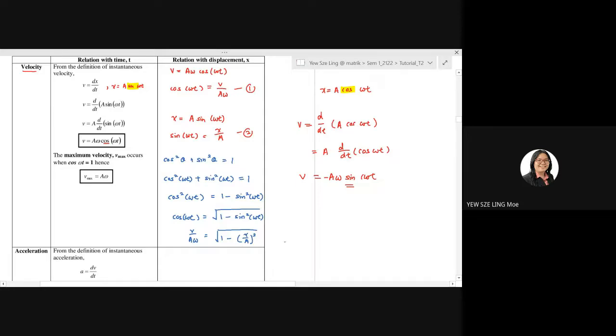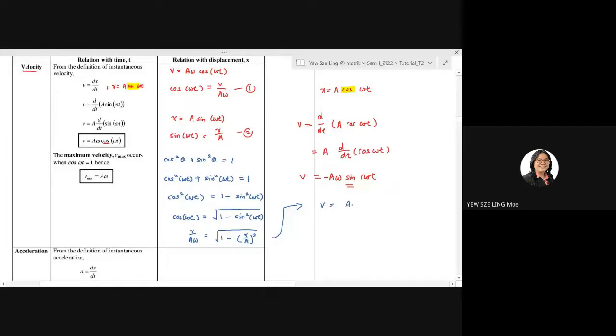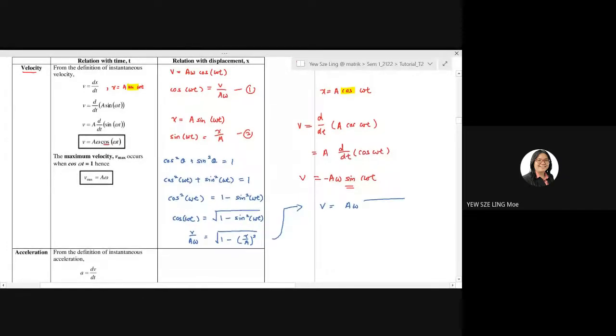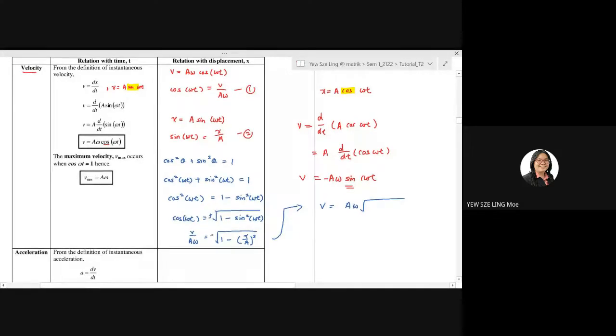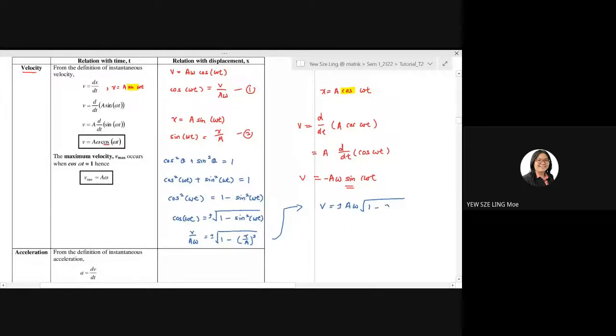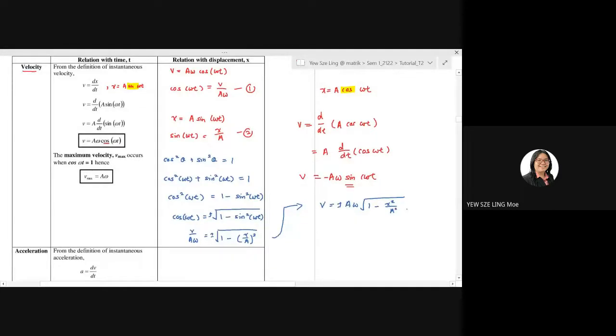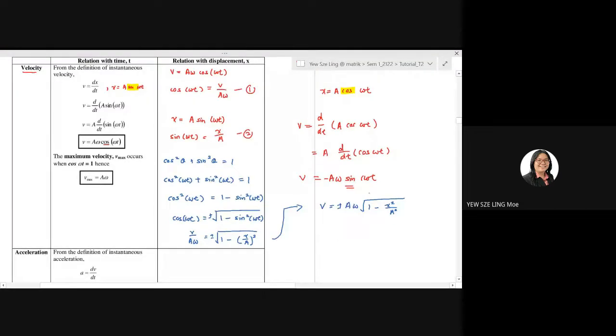So I rearrange the equations. I then obtain v equals to a omega square root. Now, because it is a square root, actually it should have a plus minus sign. So plus minus a omega square root of 1 minus x square over a square. Because I have a inside the square root and a outside the square root, I'm going to move this a into the square root.